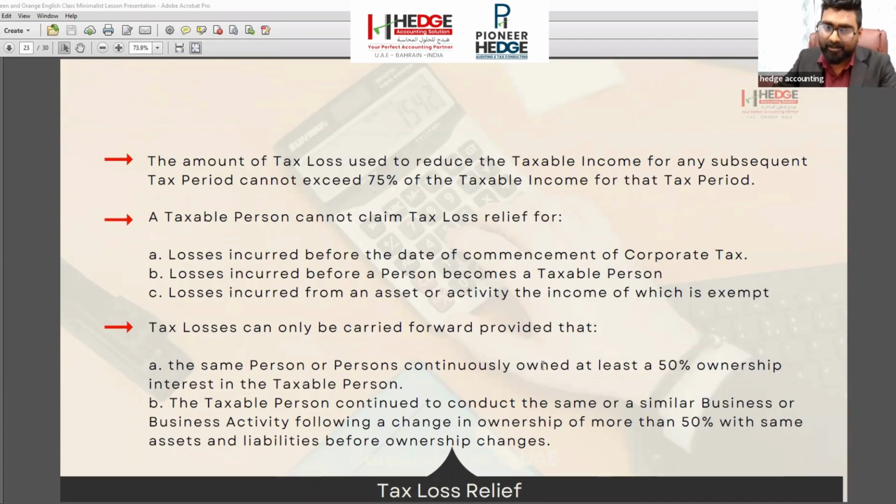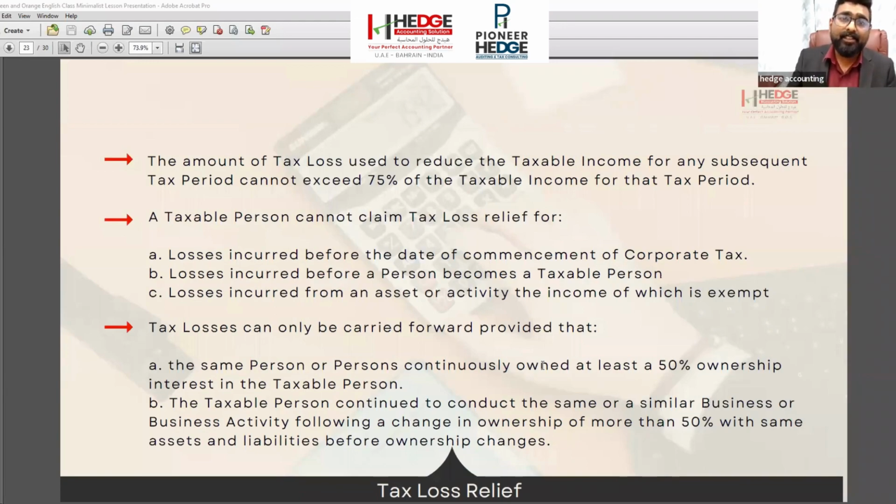Another provision related to this tax loss relief is what happens if the owner is changed. If the substantial change of ownership is less than 50%, no issue, you can claim the previous losses. There is no problem in that.